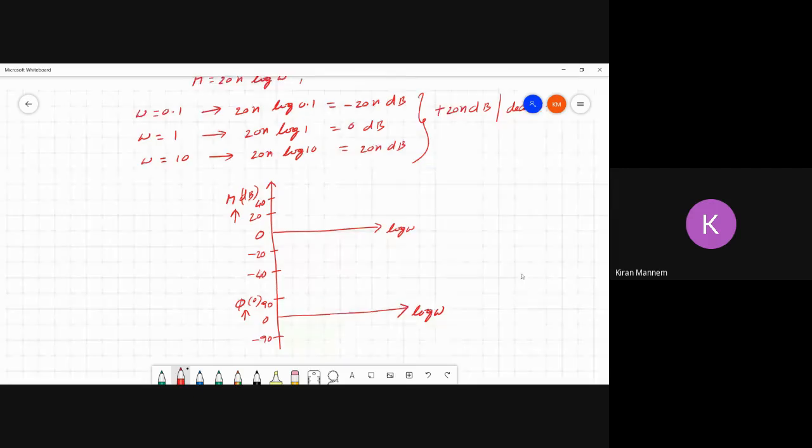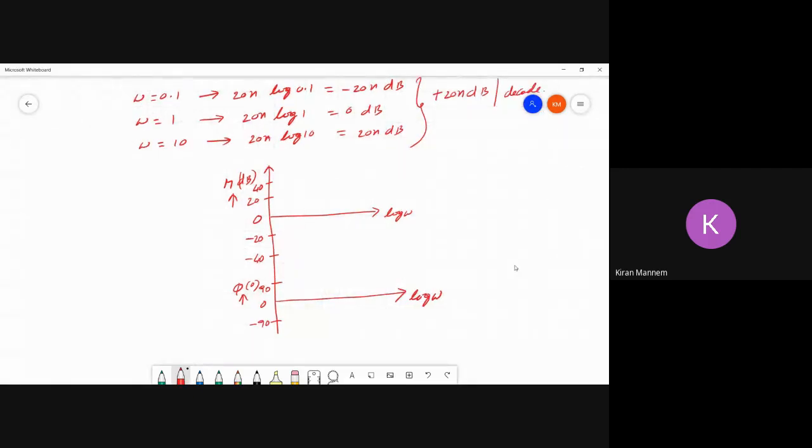So let us put the points on the graph. When omega equals 0.1, let me draw the points 0.1, 1 here, and 10. When omega equals 0.1, it is minus 20 into n. So let us change this value as 20n, 40n, minus 20n, minus 40n.